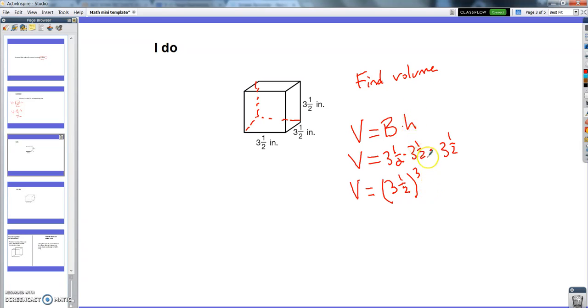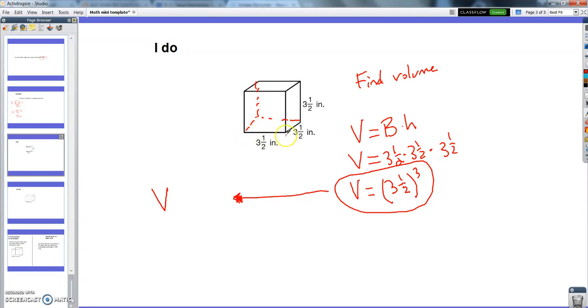I know this would be just as easy to do in your calculator, but I want you to know this. When you have a cube, we tend to have a separate formula for cubes. And you can use the other one just fine. But cubes have their own special formula.